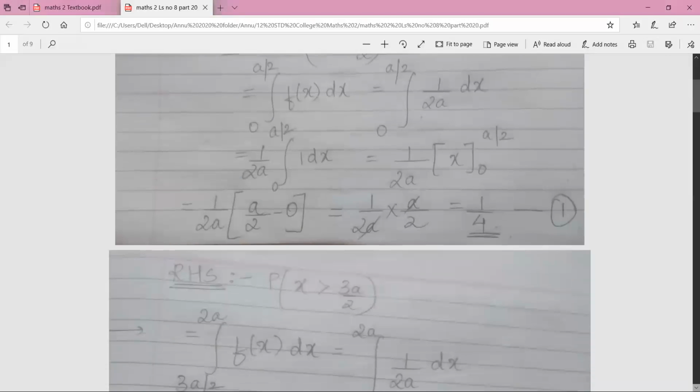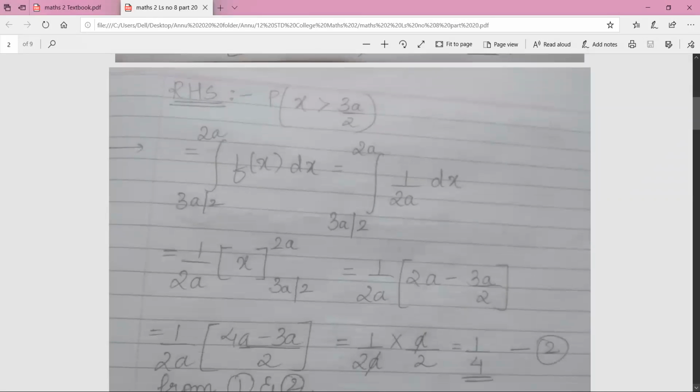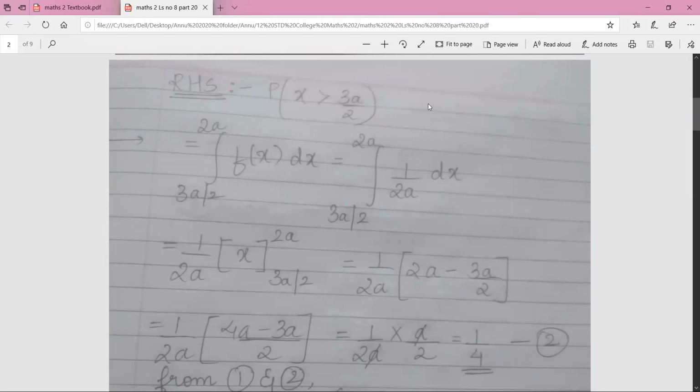Continuing forward, now let's see how the right hand side is solved. Probability x greater than 3a by 2. Now greater than 3a by 2 means we'll start from 3a by 2 and go up to a maximum of 2a. So integration 3a by 2 to 2a of f of x dx, that is 1 upon 2a dx, the same pattern. I will take 1 upon 2a outside and integration of 1 will give me x, with limits 3a by 2 to 2a.